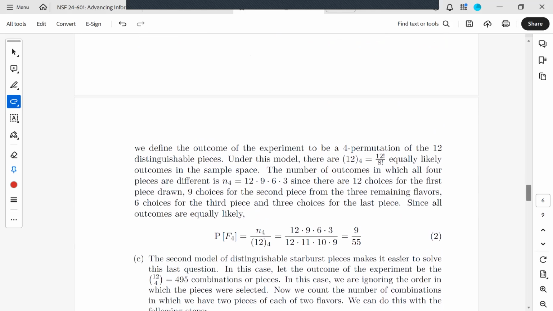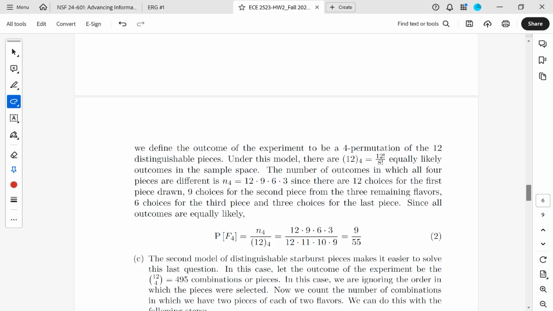Now, as your friend mentioned, another way to solve problem B, part B, is to use permutation. Basically, what we want to do here is a permutation of 4. We want to have 4 different candies, so it's a 4-permutation.